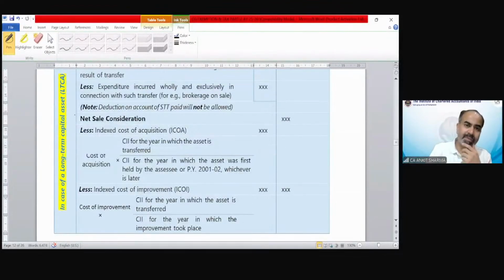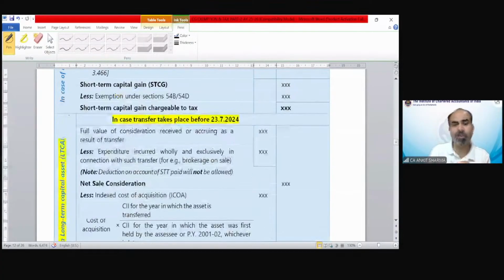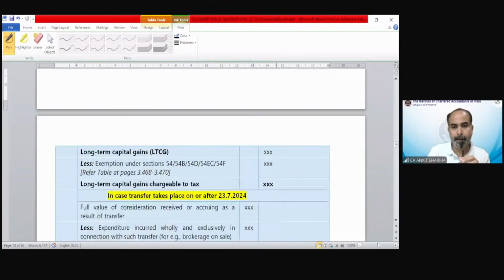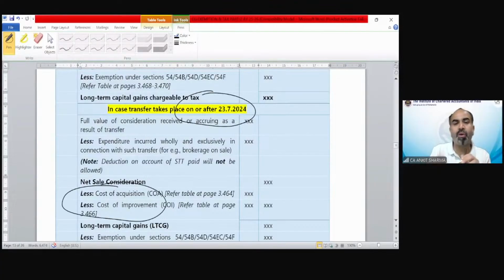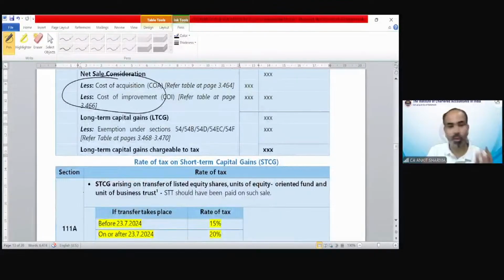Now this is long-term capital gain before 23rd of July, with indexation benefit. That also has been discussed in the chart. Then in case of long-term capital gain on or after 23rd of July, there would not be any indexation concept, only cost of acquisition and cost of improvement need to be reduced.